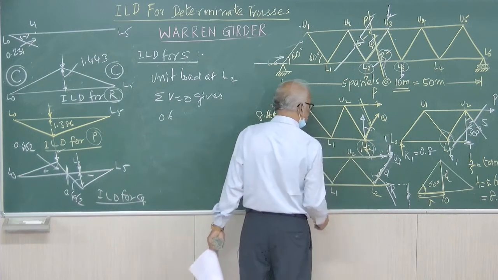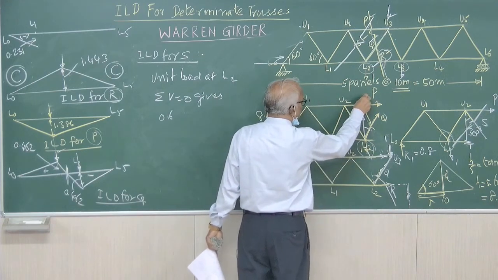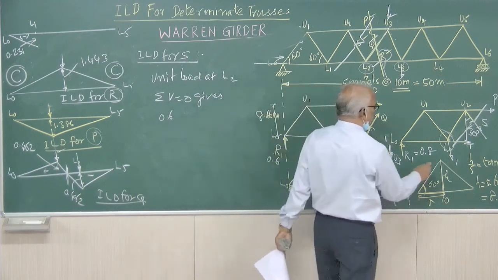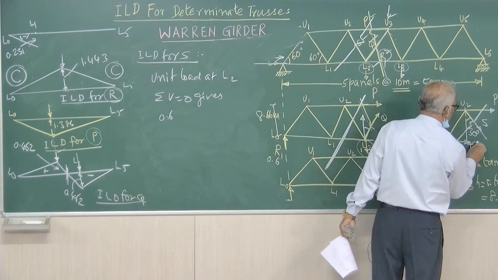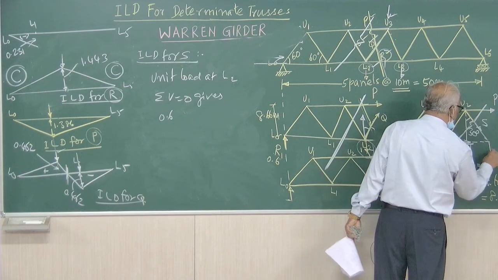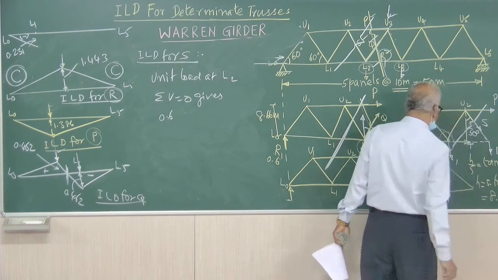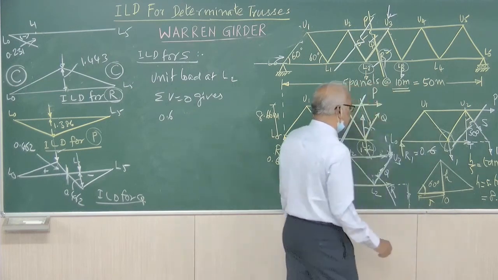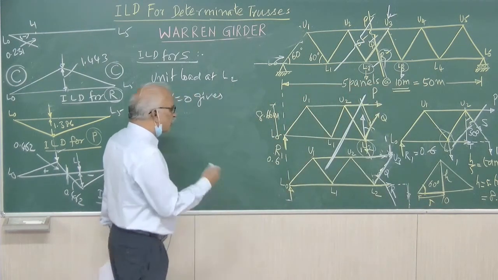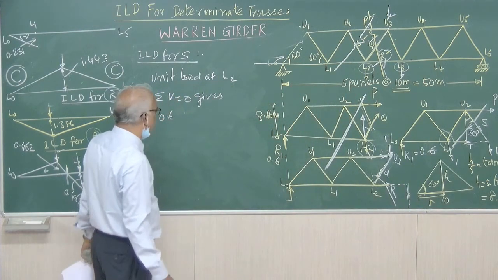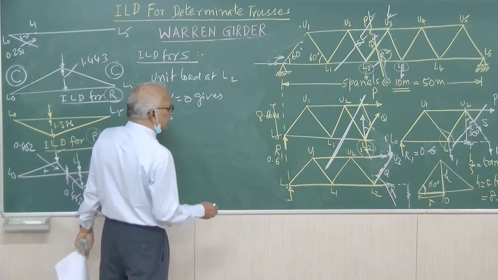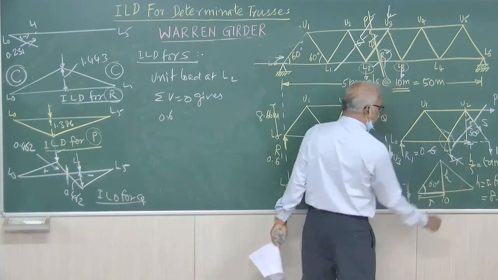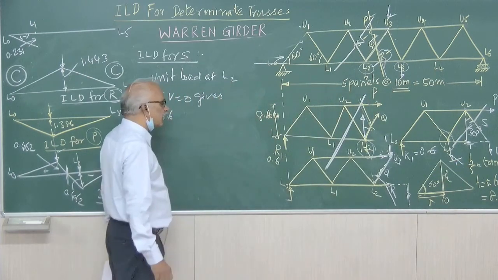Now, this is our cut section. Now we are applying the unit force at L2, beyond the cut section. The reaction is 0.6. Therefore, before the cut section we have 0.6 as the reaction. The unit force is beyond the cut section, so we need not bother.